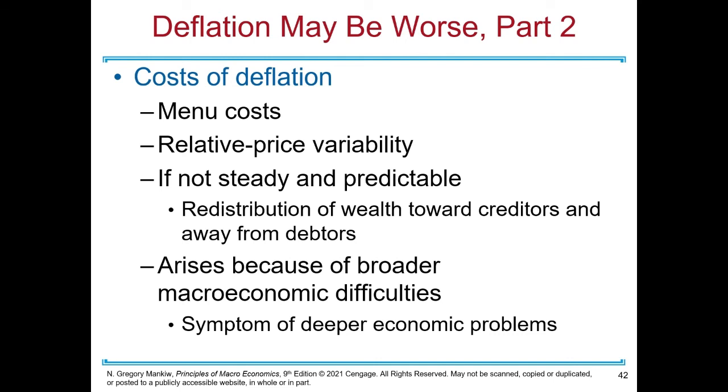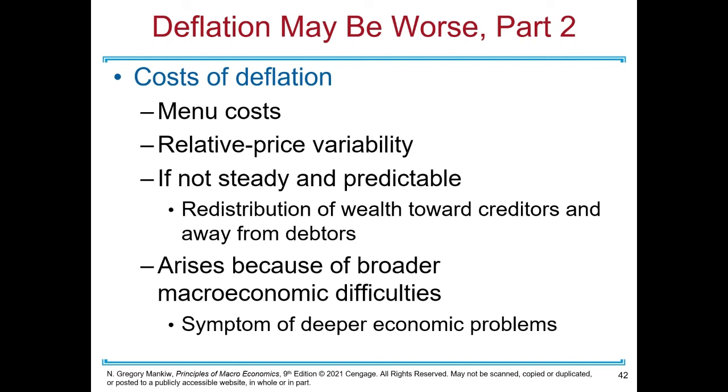Another potential problem is that deflation, or falling prices, is usually caused by monetary contraction, which creates an AD shift to the left, or it's going to decrease aggregate demand. And when aggregate demand decreases, prices drop, quantity produced drops in the short run, but not in the long run.